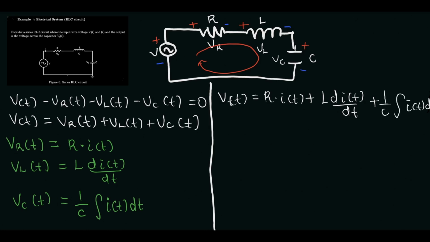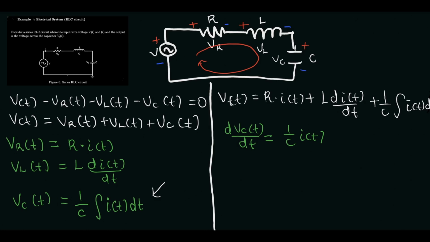To resolve this, we're going to differentiate this right here. Differentiating your vC(t), we have dvC(t) over dt now equal to your 1 over C i(t), because the differentiation will cancel this integration.